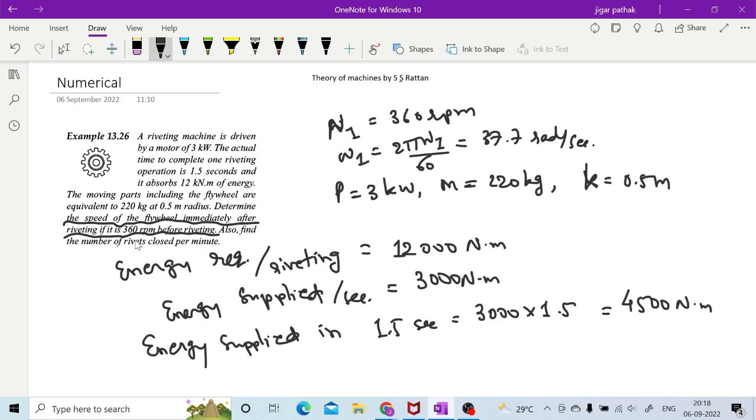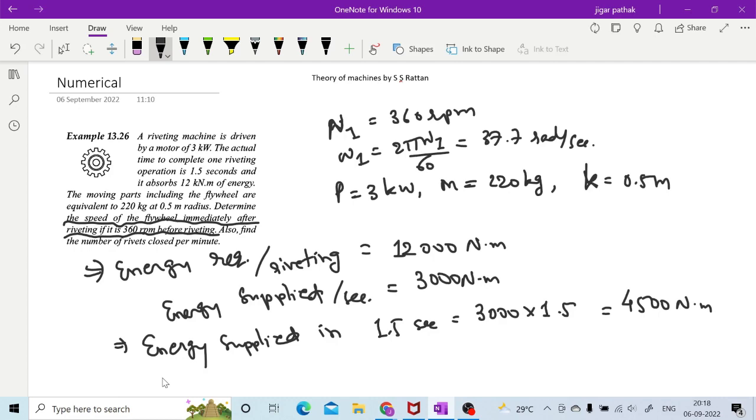Now the energy supplied by the flywheel you can get from the data of 12,000 Newton meter, because the energy required for riveting is 12,000 Newton meter and whatever energy is provided is 4,500 only.